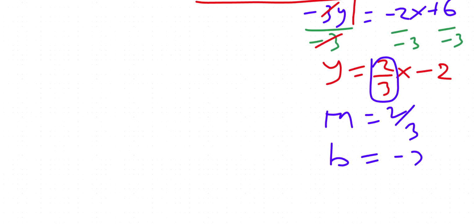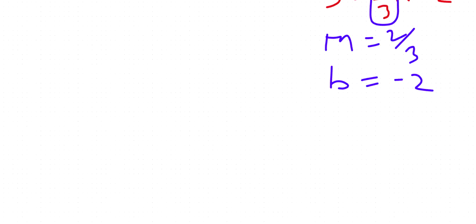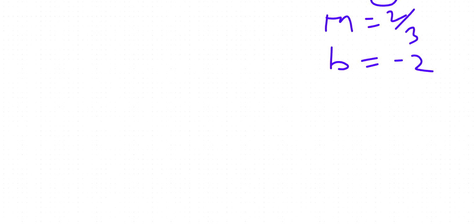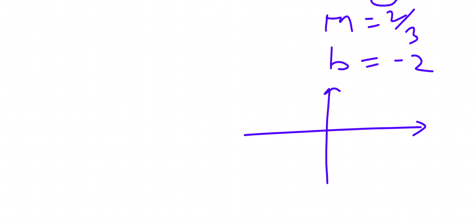Now, the intercept, briefly, I want to show it before we go, so that we're going to work on it also later. If you have your graph like this, this is your y axis, and this is your x axis. Let's assume this is our line of y equals mx plus b.